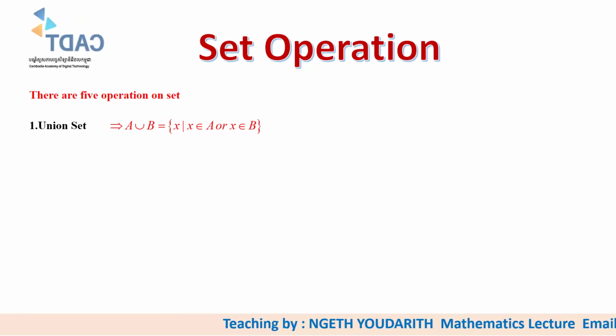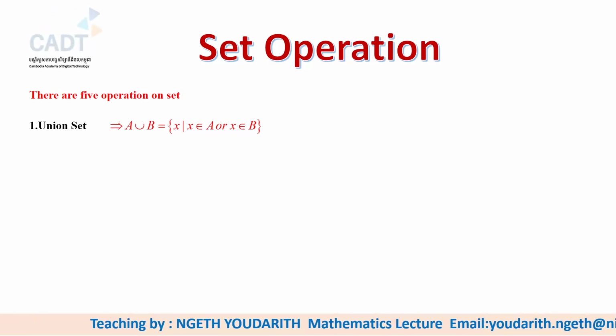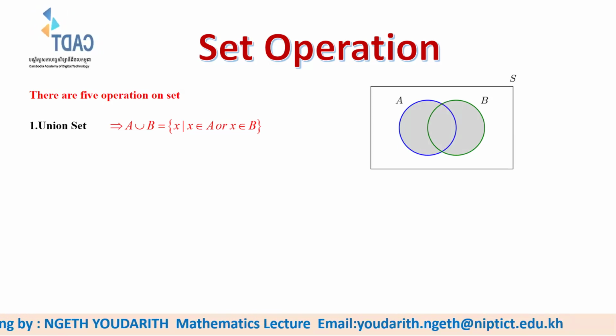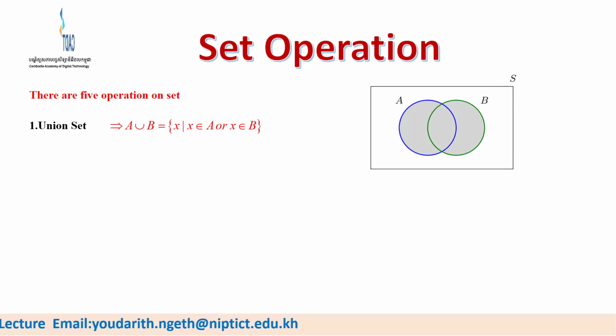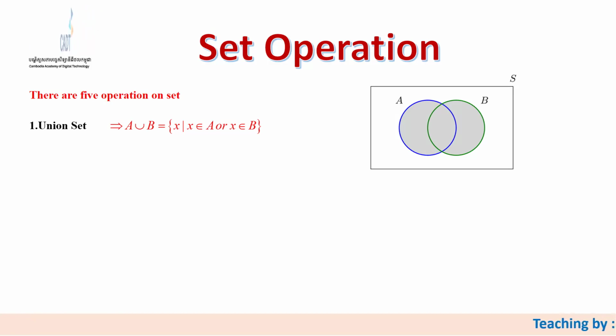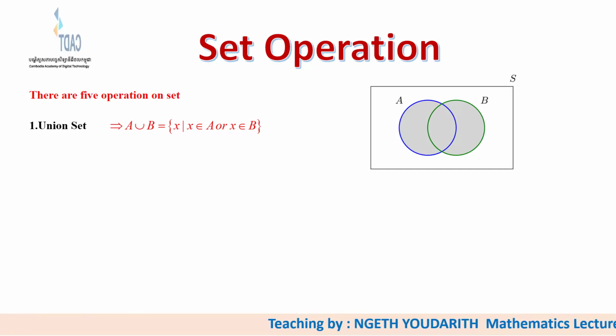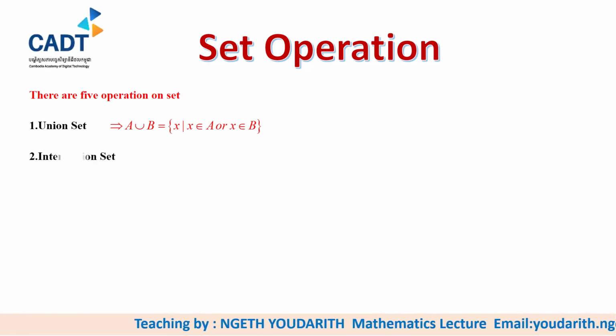This is the Venn diagram of a union set A and B. We just take all the elements in A and all the elements in B together. This is the meaning of set union.